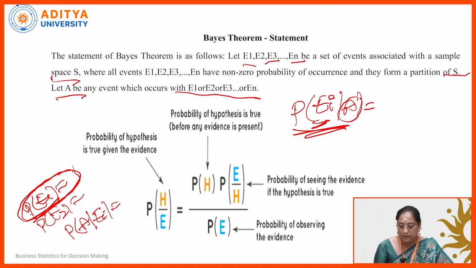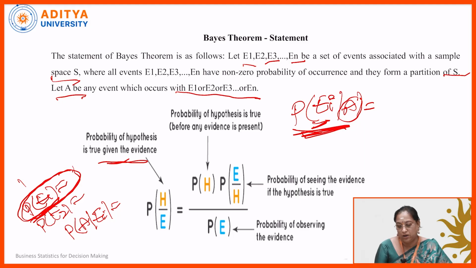This kind of probability we call posterior probability, whereas P of Ei is called prior probability. What is prior probability? Based upon historical data, we can calculate the chance of occurrence of an event prior to the happening of the event.